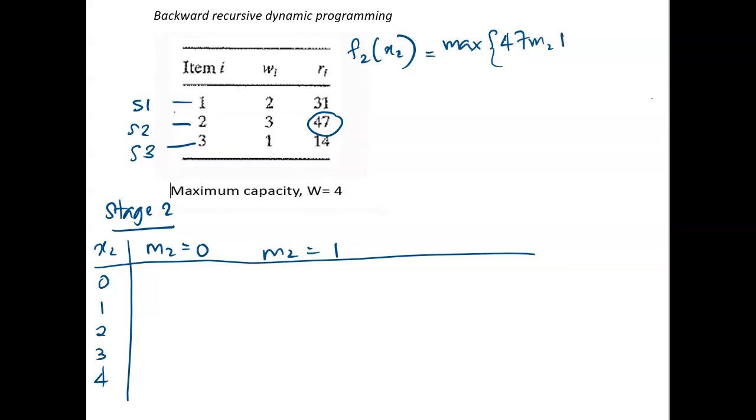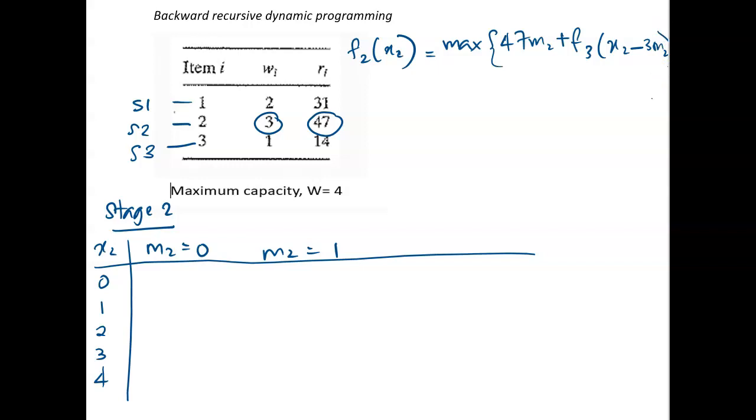And you have to add the feasible solution from the previous stage. In this case, because we have calculated stage 3, it will be f3 of x2 minus the weight for item 2, which is 3, times m2.